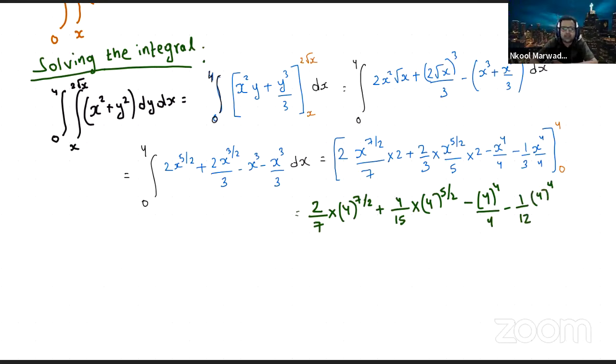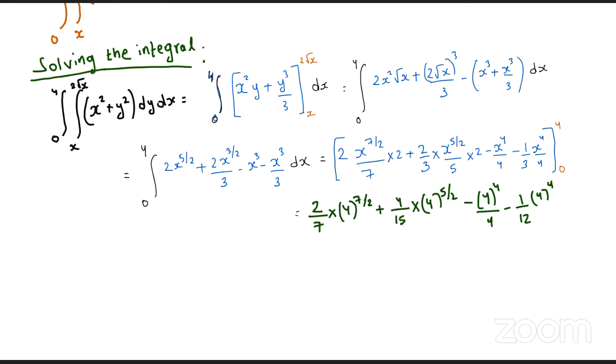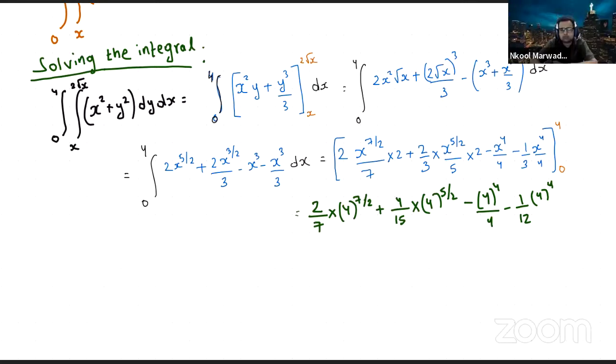You can make use of a scientific calculator also. And when you do all the simplification, you will get 21.94. This is the answer.